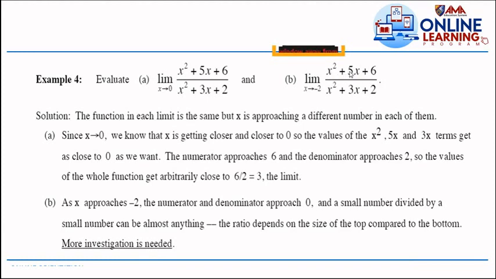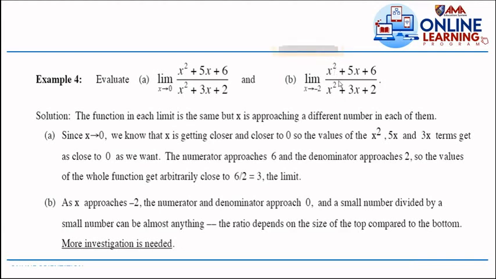So 4 plus negative 10 is negative 6 plus 6, the answer is 0 pa rin. Okay? So if we're going to try the algebra method, we're going to look for their common factor. So as x approaches negative 2, their common factor is x plus 2.